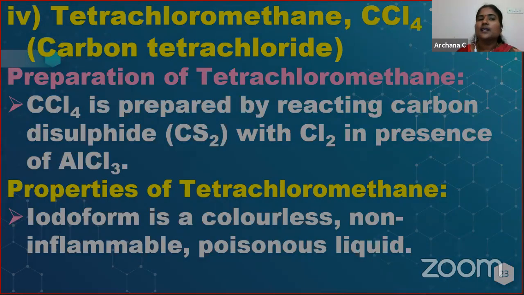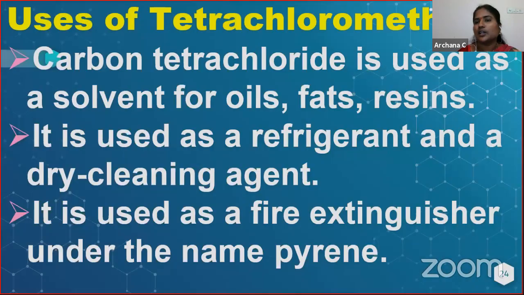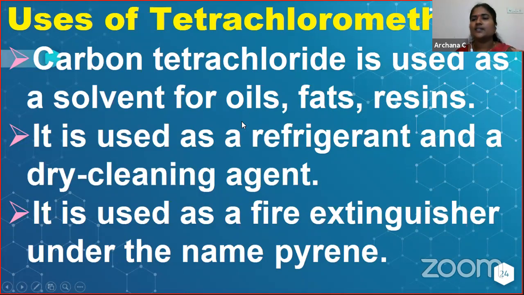Next we will discuss where we are using tetrachloromethane. As I told you just now, these compounds are used as non-polar solvents for many organic compounds. Therefore carbon tetrachloride is used as a solvent for oils, fats and resins.